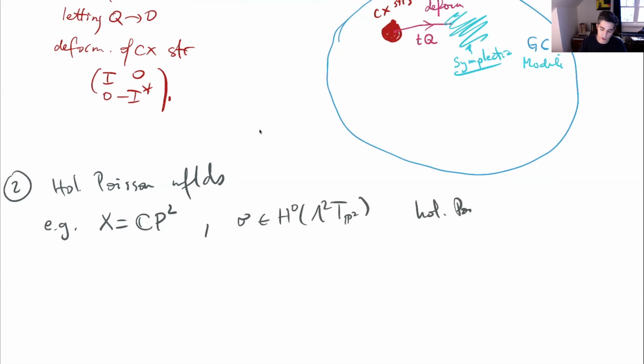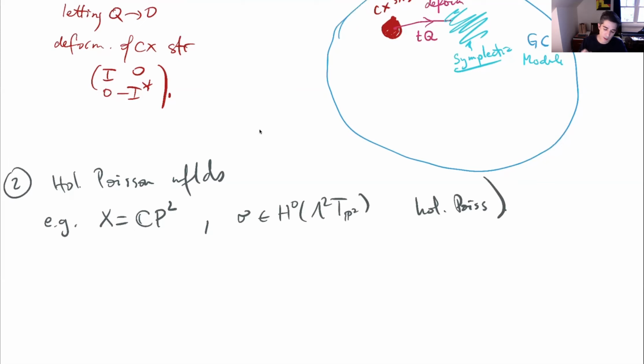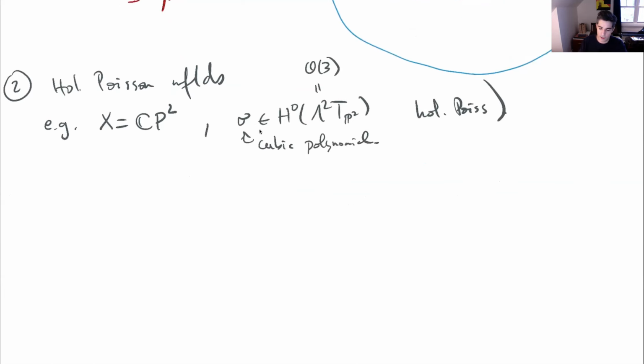In this case, any section of wedge 2 T will do because wedge 3 T is 0. But this wedge 2 T is just the O(3) line bundle. And so this is a section of O(3), which means that it's a cubic polynomial. So a Poisson structure on a complex surface is just a section of a line bundle. It's an unconstrained holomorphic section of a line bundle.